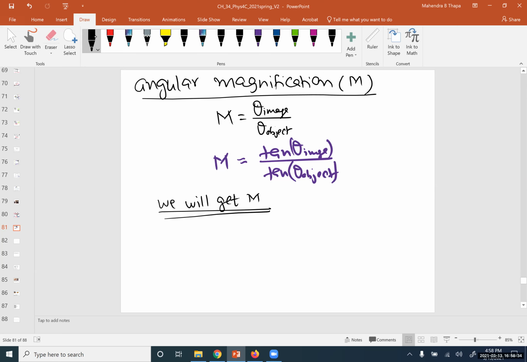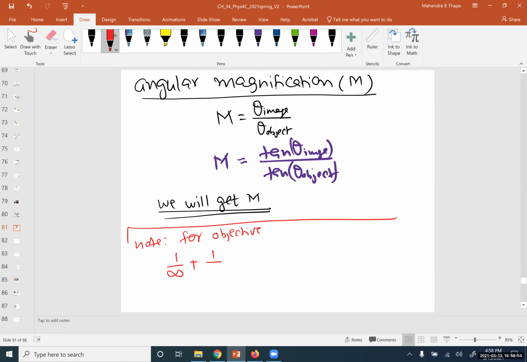Okay, so as a note, if you consider the objective, your object is at infinity, so 1 over infinity plus 1 over d objective equals 1 over the focal length of the objective.